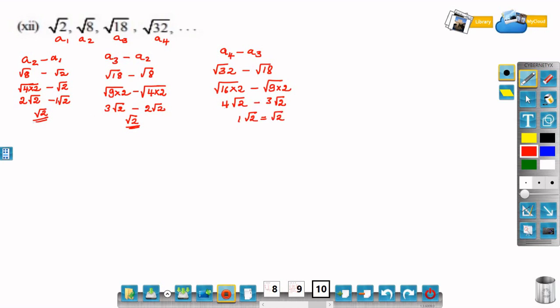Now see here, common differences are equal. Common differences are equal, therefore it is an AP.